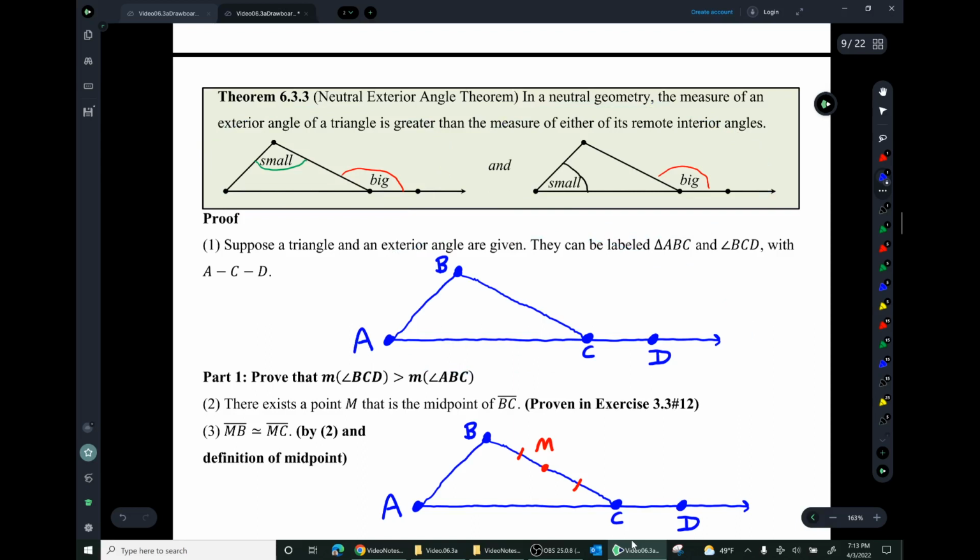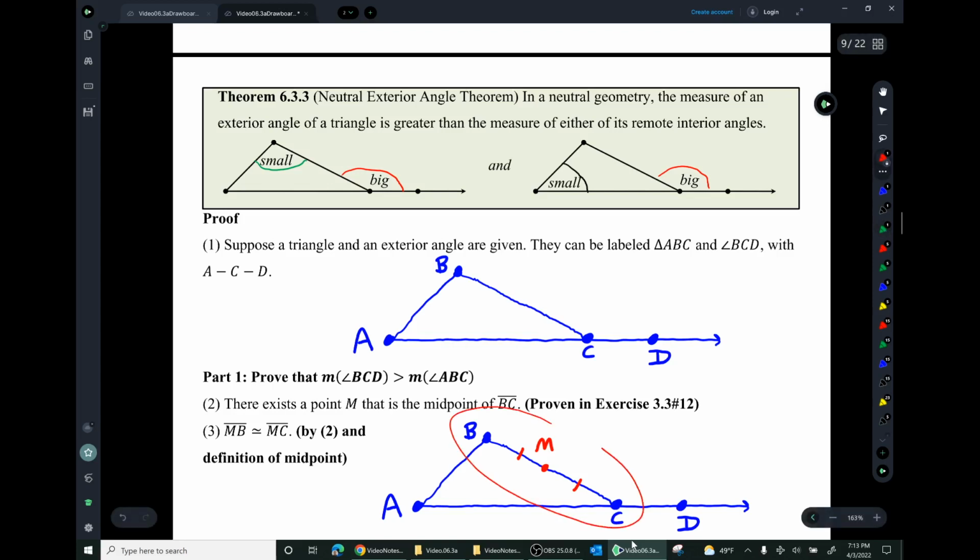Well, the proof is done in two parts. In the first part, we're going to prove that this holds, that angle BCD is bigger than angle ABC. That's proof part one. So we start by saying that there exists a point that's the midpoint of segment BC.